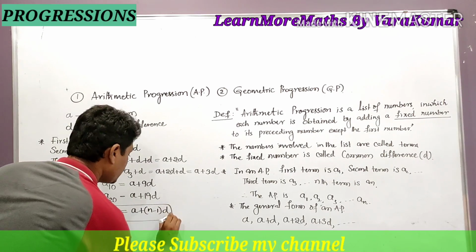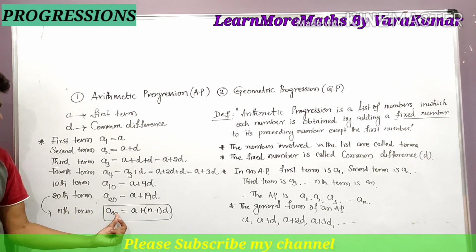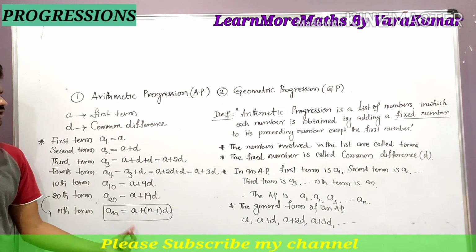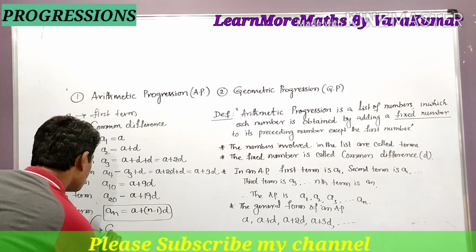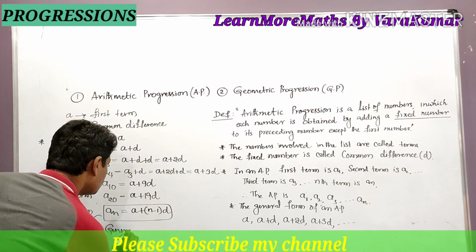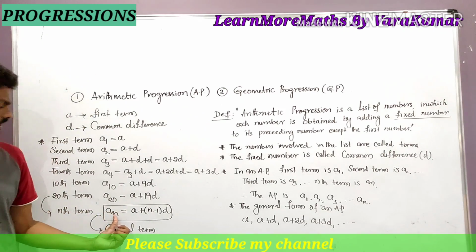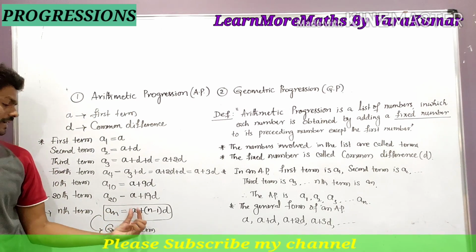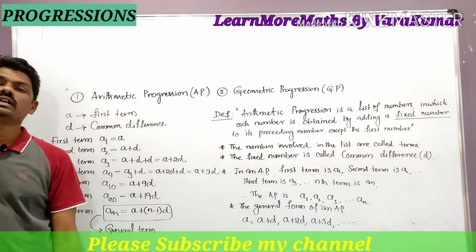This is known as the general form of the nth term, or the general term of an AP. So the general term of an AP, An is equal to A plus N minus 1 into D.